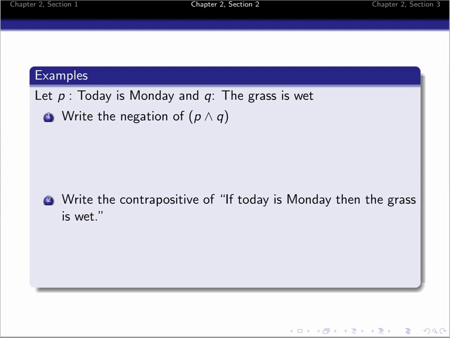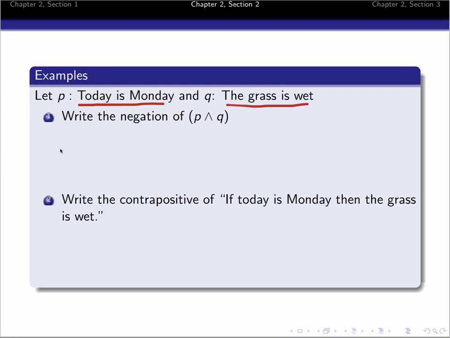All right, so here's some examples of contrapositive and negation. The contrapositive is really important when we start writing proofs. So just writing the negation of this, where P is today is Monday, Q is the grass is wet.